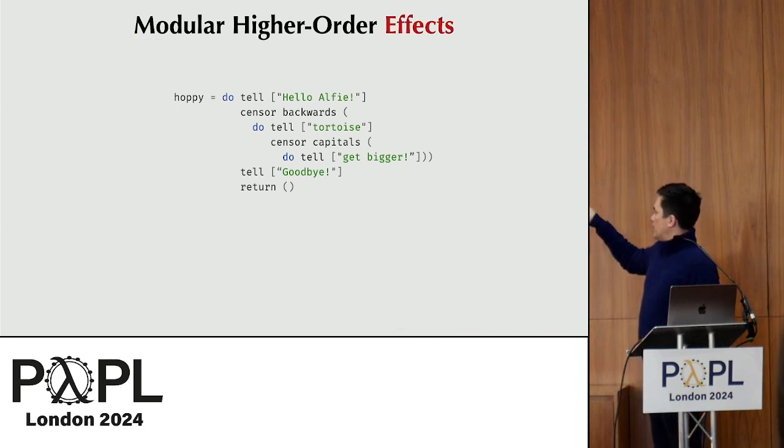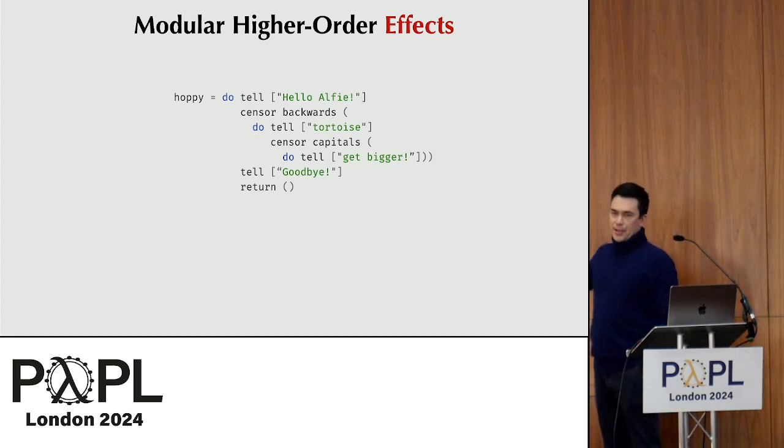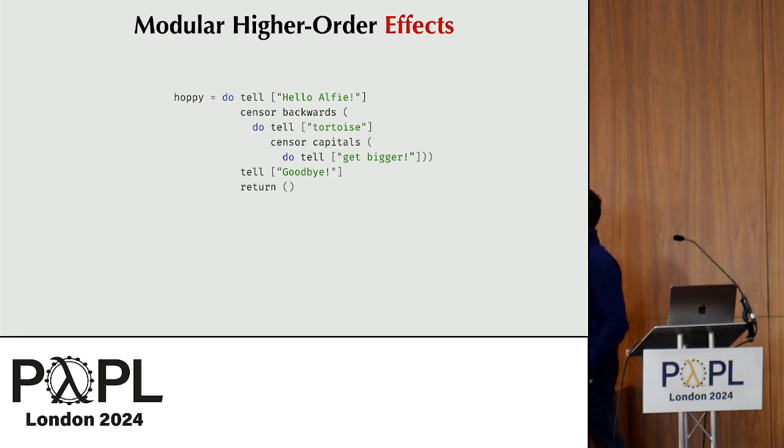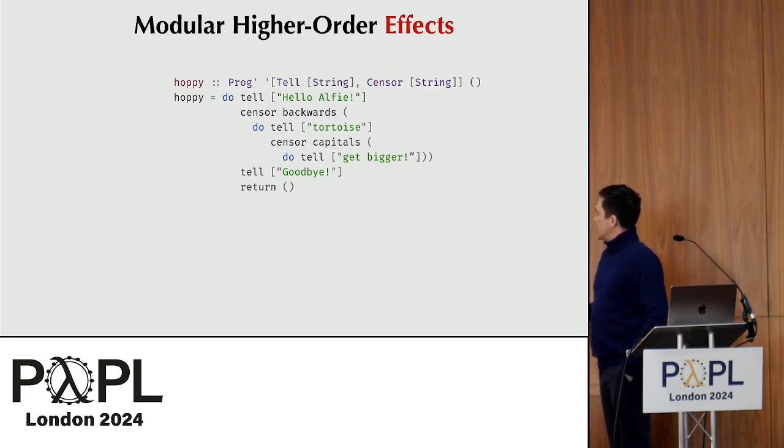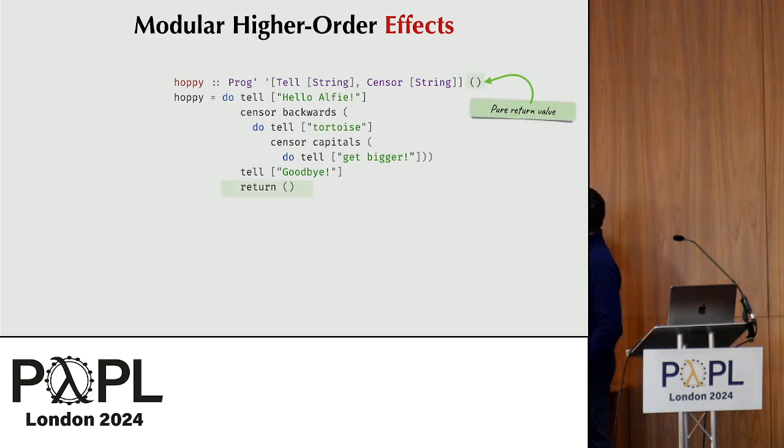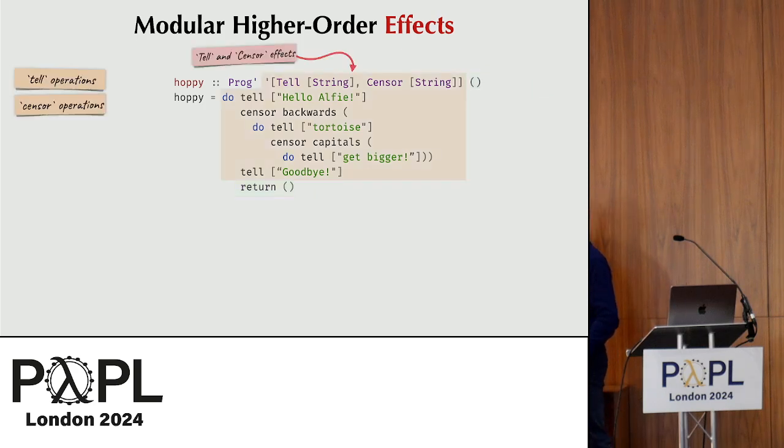So we've got modular higher order effects. So effects up here in red are the key thing that we're trying to deal with. And the point that I'm trying to make here is that there's this distinction between the pure return value, which is unit in this case, and the tell and censor effects, which is the bulk of this code. So the pure part really just corresponds to the return, and then the rest of it is the actual part that does effectful computation.